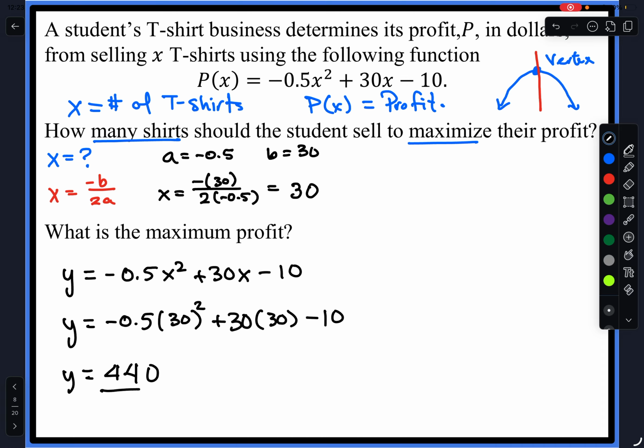So there's the answer to that part and the answer to this part. You don't have to write x equals, you just need the numbers for each value. So you end up with 30 and 440.